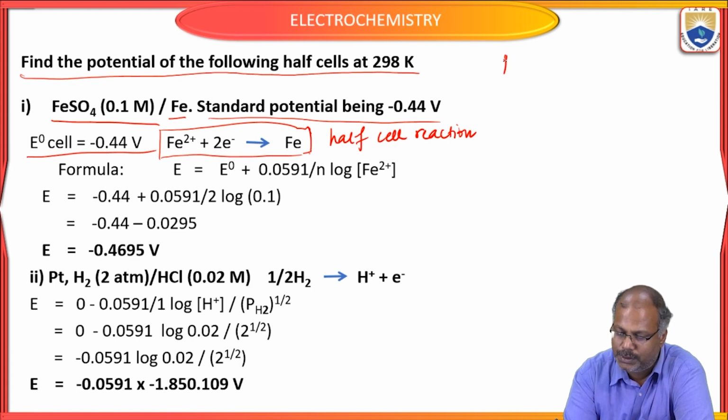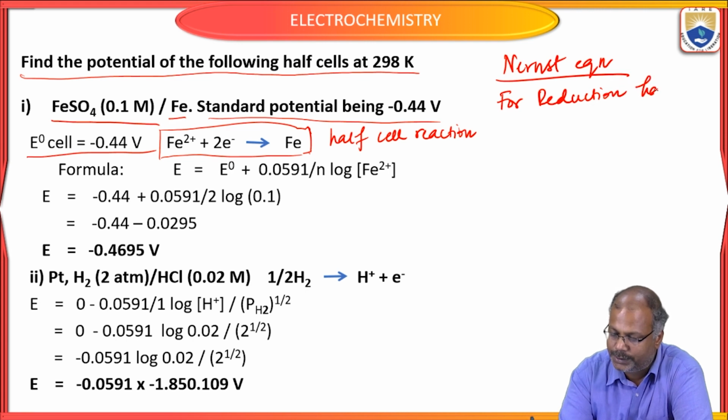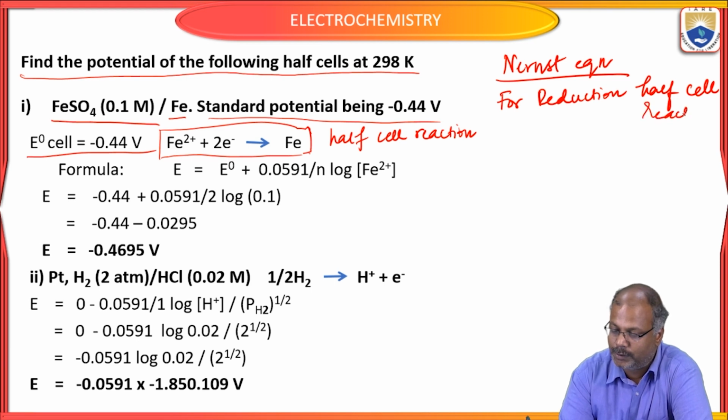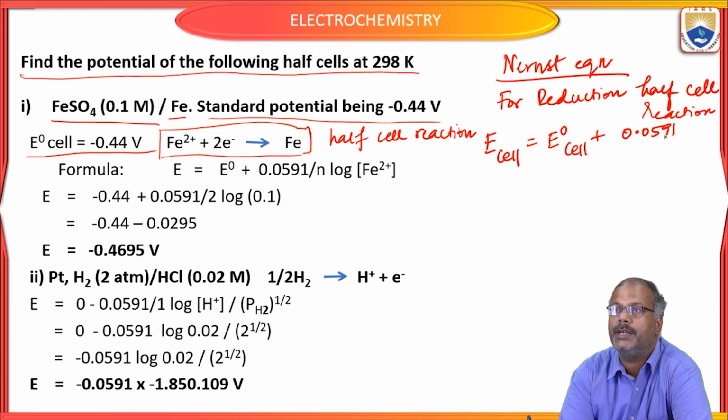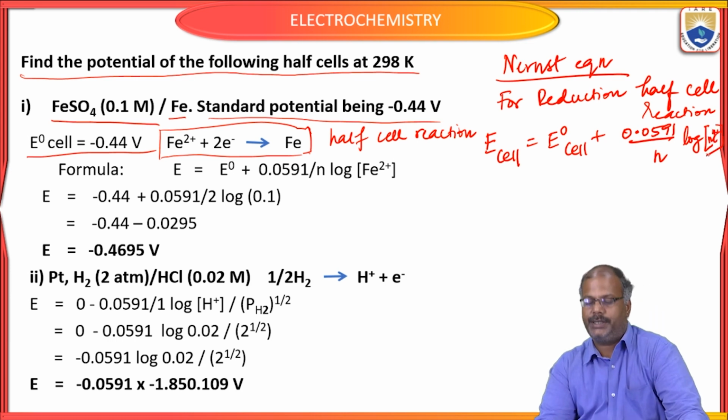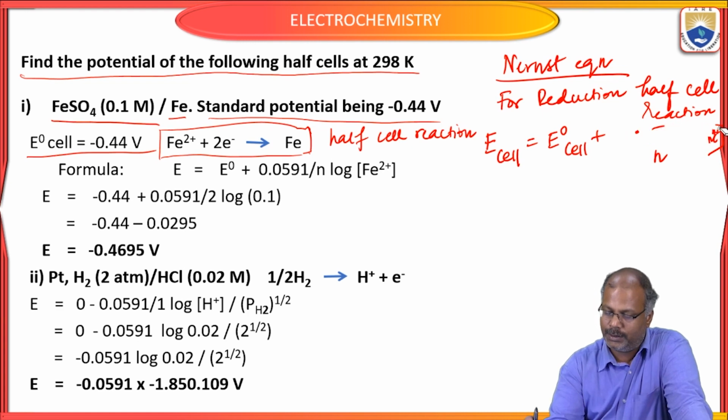According to the Nernst equation, for a reduction half cell reaction, E is equal to E0 plus 0.0591 by n, logarithm of the concentration of metal ions.